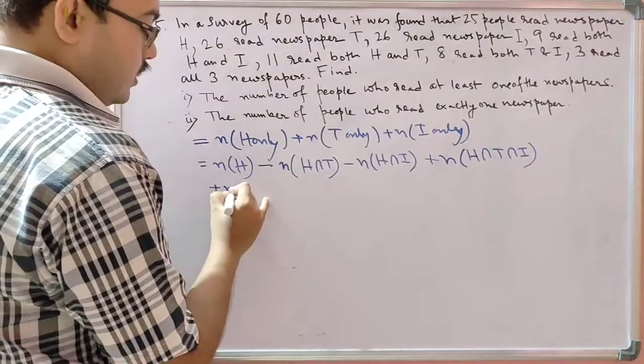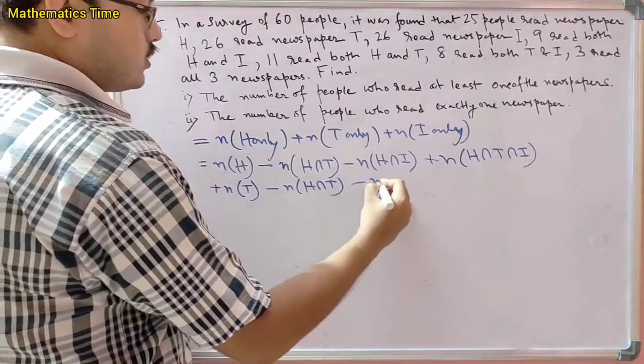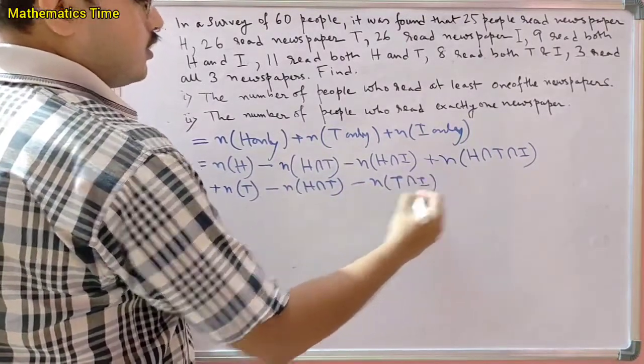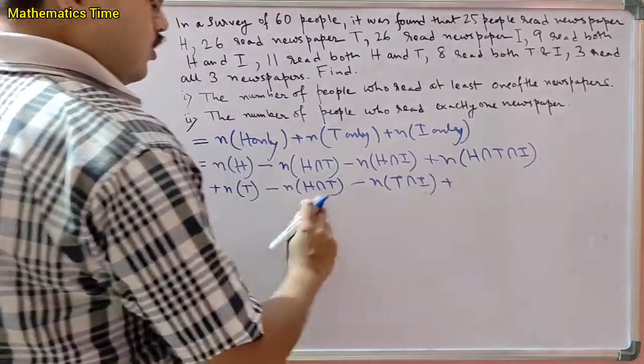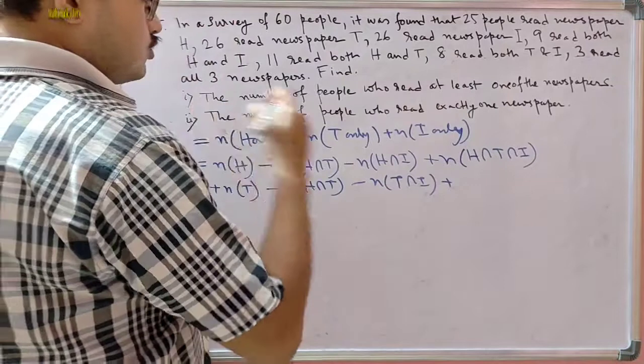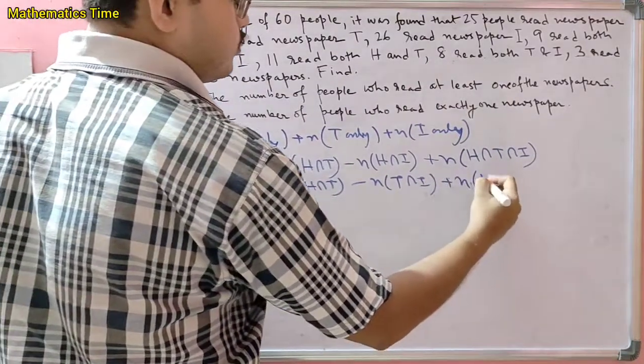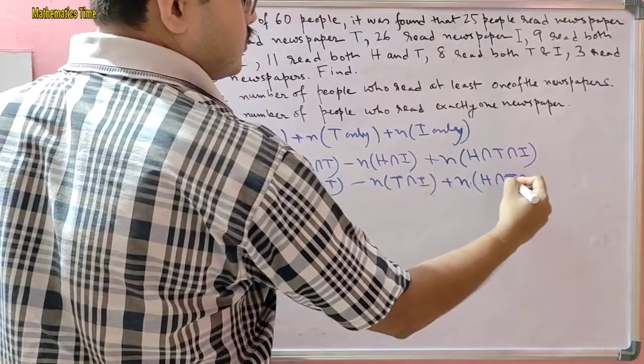Similarly for n of T, it will be n of T minus H intersection T minus T intersection I. Same method here also, 2 times eliminating the 3 newspaper readers, so we have to add this at the end.